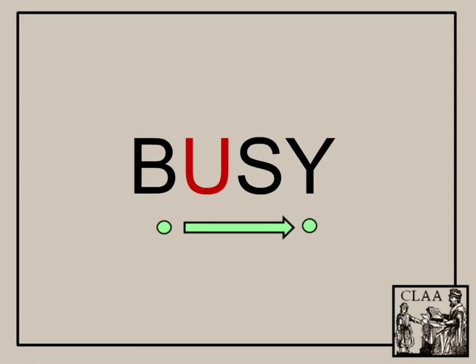We actually read this letter U with the sound of a short I. That may be weird, but that's what makes English so difficult to read. Let's read this word together. Busy, busy, busy.